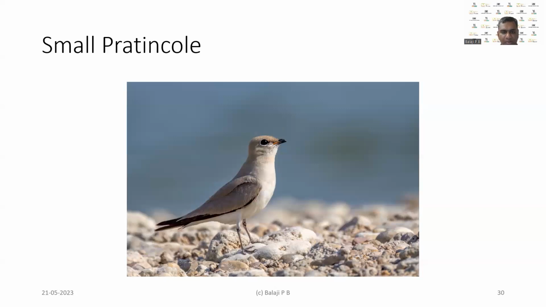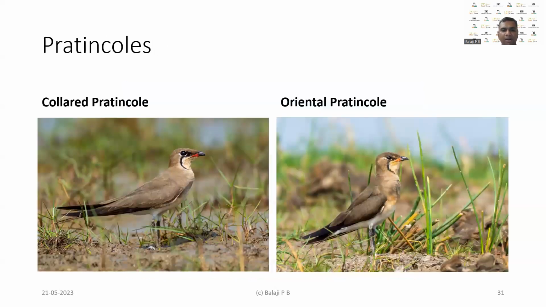So we don't really need an identification pointer for a small Pratincole. But the collared Pratincole and the oriental Pratincole are a little difficult to differentiate in the field because they look very similar to each other.